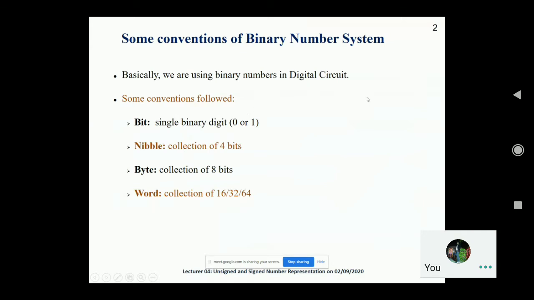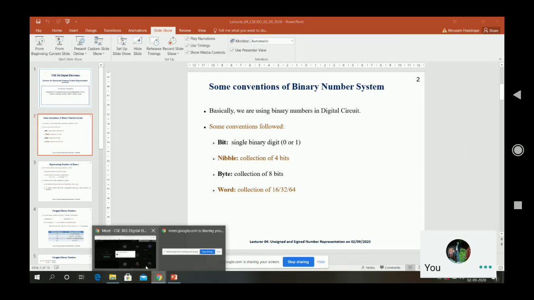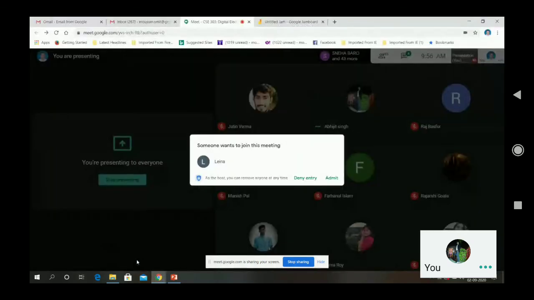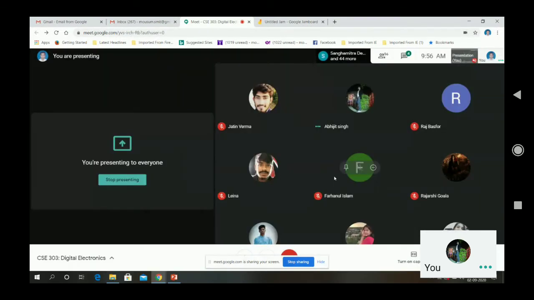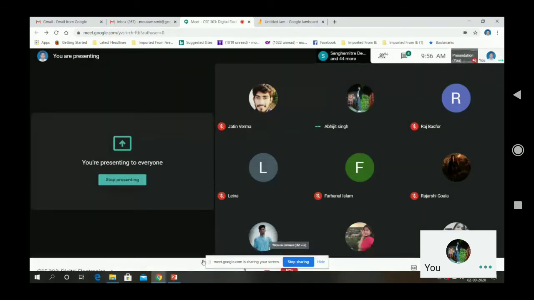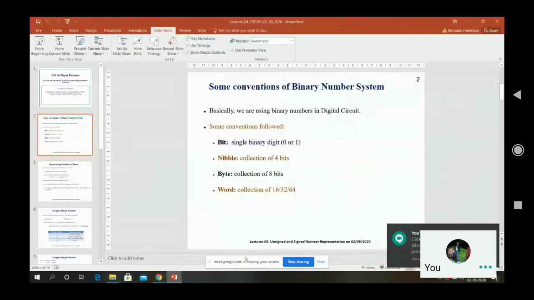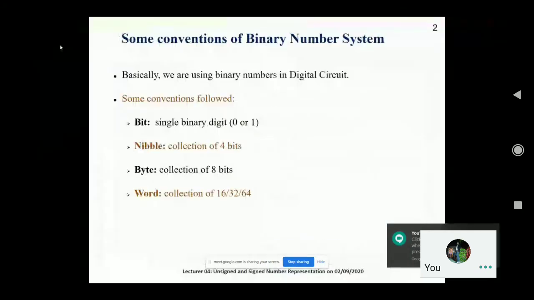See here, this numbering system, binary numbers, we are using in digital circuits.